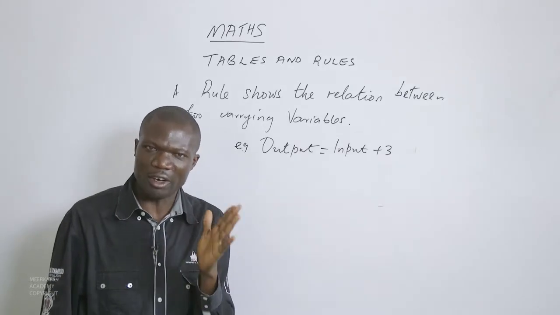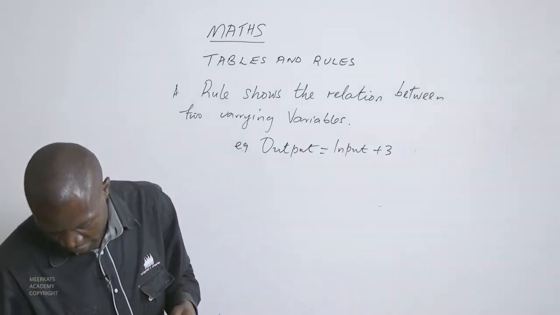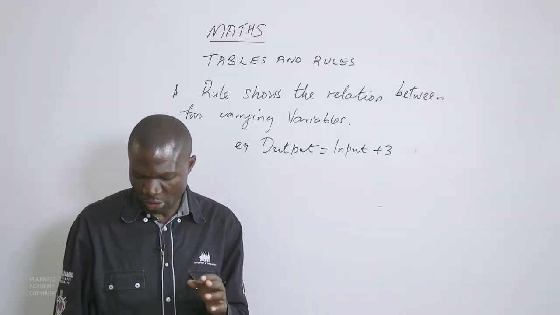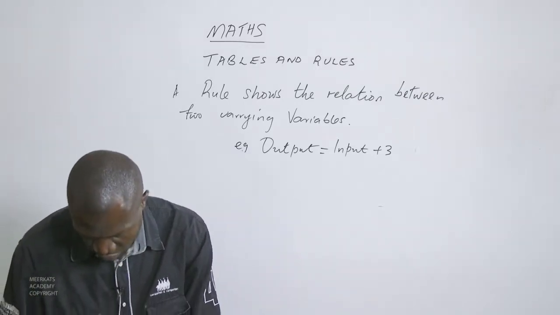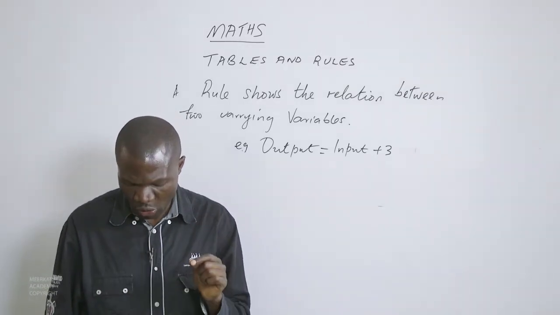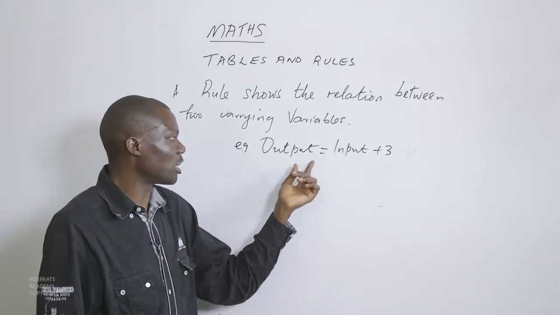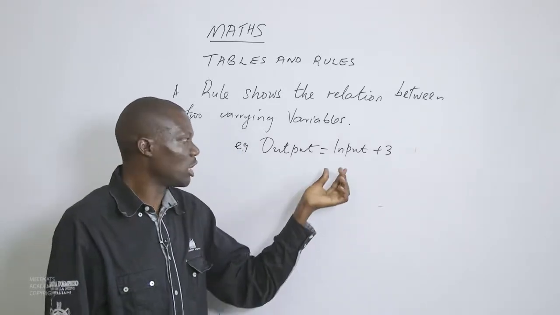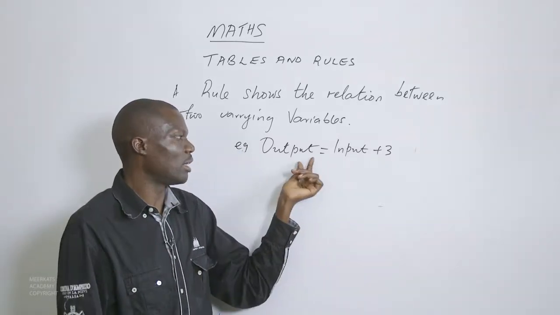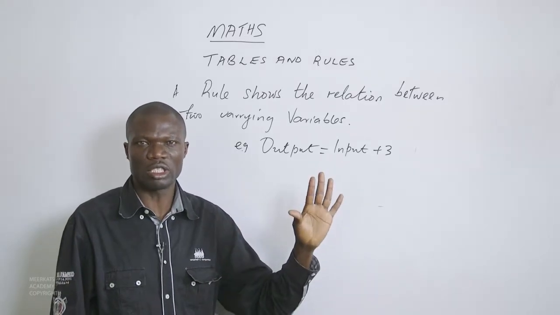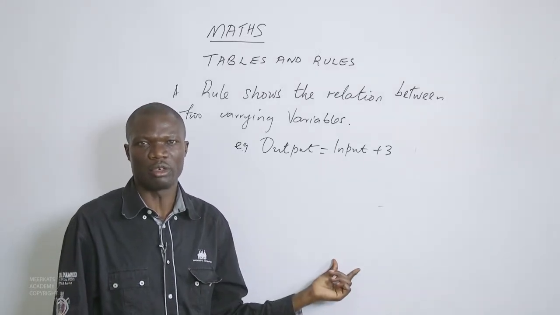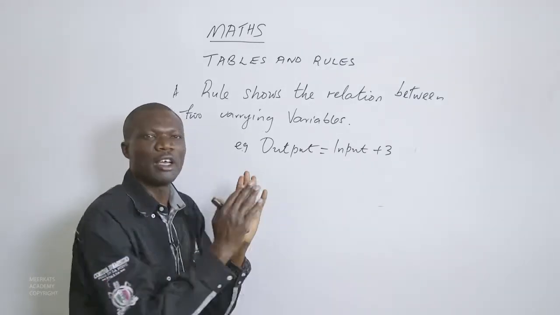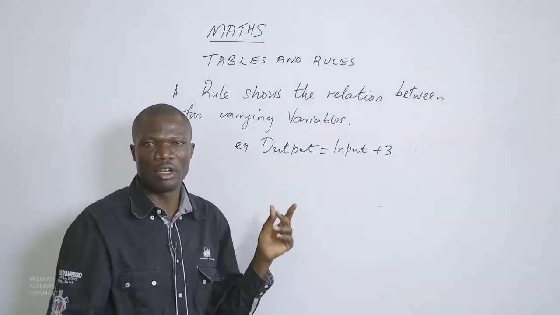This input and output can always vary, but we must know from the rule that output will always be 3 more than the input. That will remain constant across all the variables. And that only applies to this rule that we've written here.